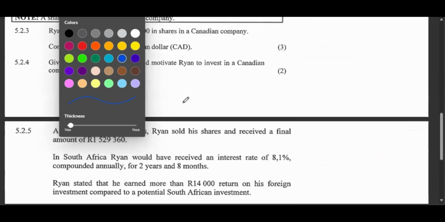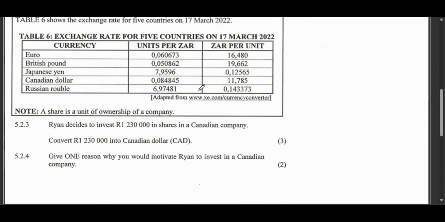The next question says, Ryan decides to invest 1,230,000 in shares in a Canadian company. Convert 1,230,000 into Canadian dollars. So what are we going to do? We shall look at the Canadian dollar. You can use either this side or this side, it doesn't matter as long as you can interpret.